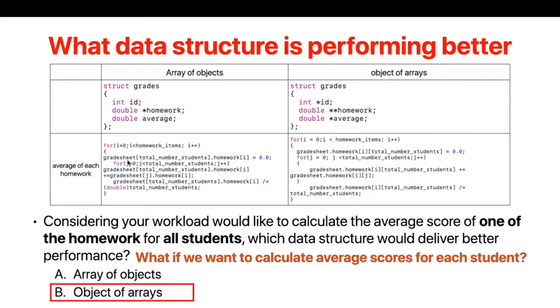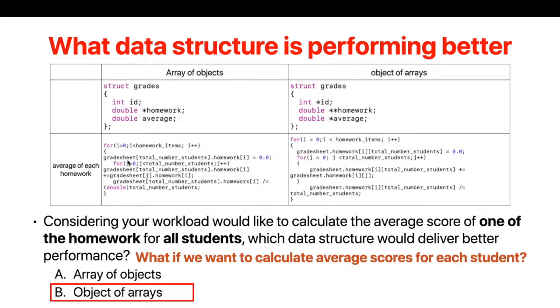But the thing is that there is not an always-win between these two data structures. For example, the use case I mentioned is that I want to calculate the average of each homework.